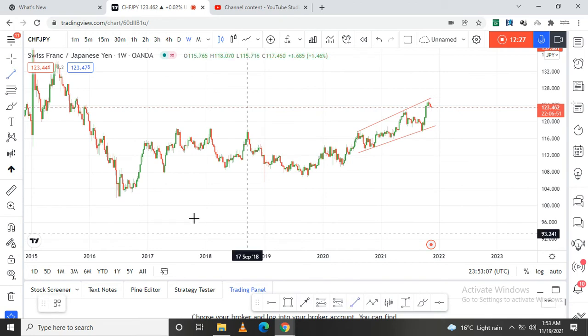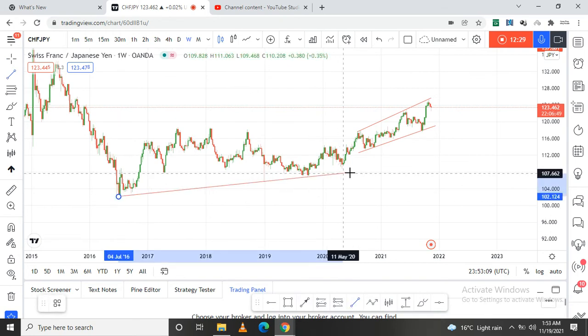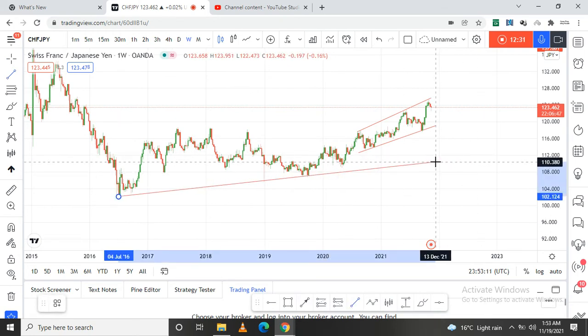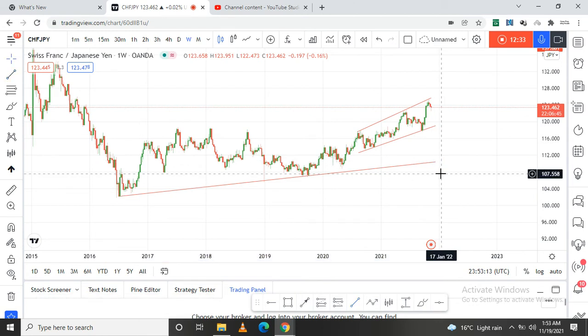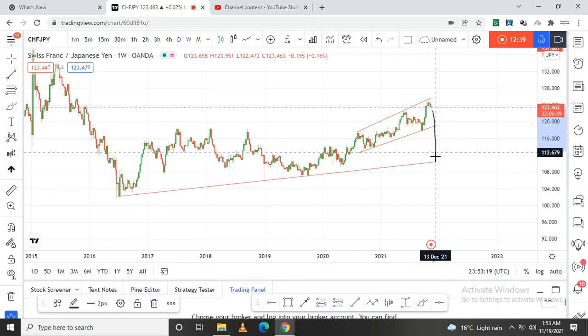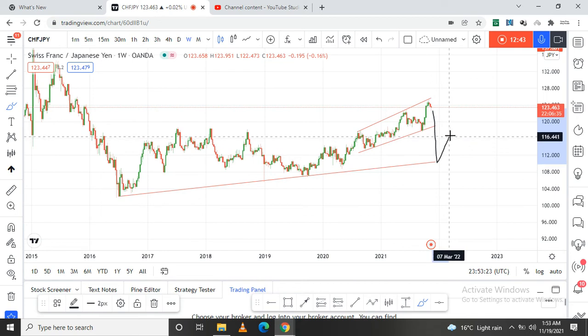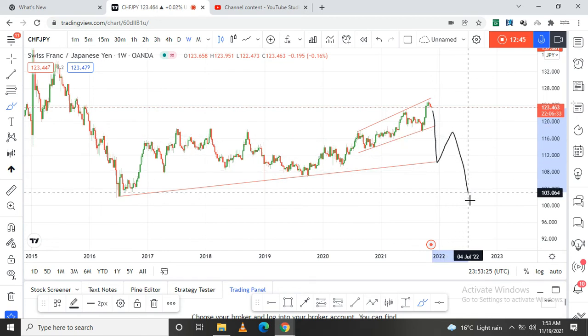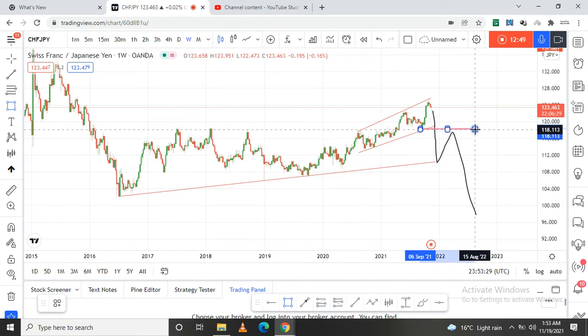Then we also have that channel, that supporting trend line. So it is obvious that price is gonna drop to this level first, and then pull back up before dropping to the downside. We're gonna have something like this.